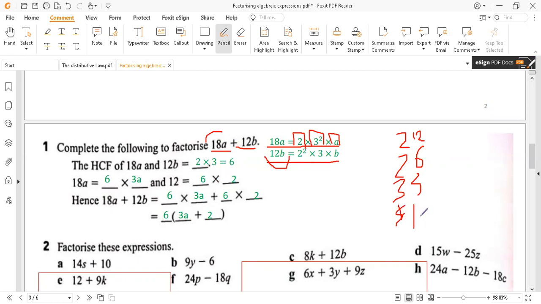So we stop here, and we take 2 squared times 3 as the prime decomposition of 12, and b is b to the power 1.